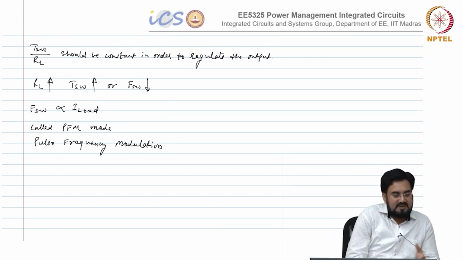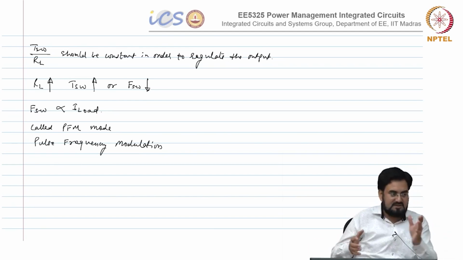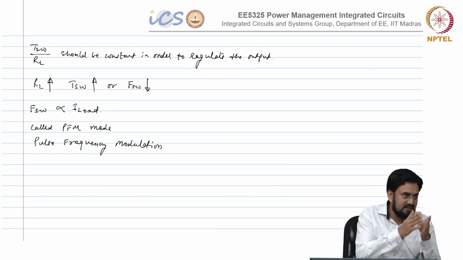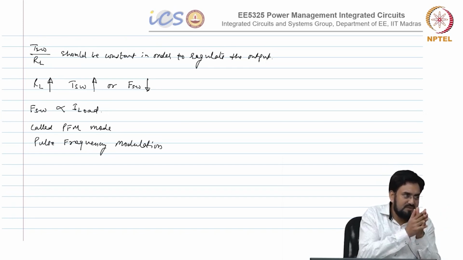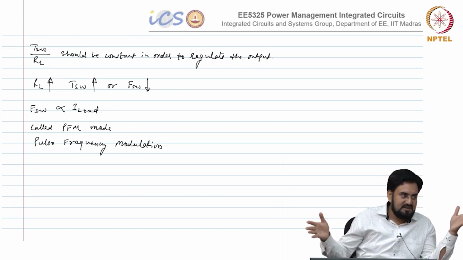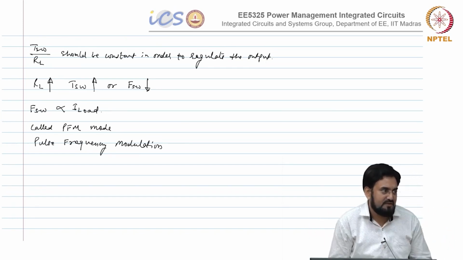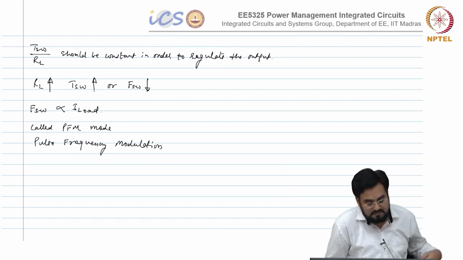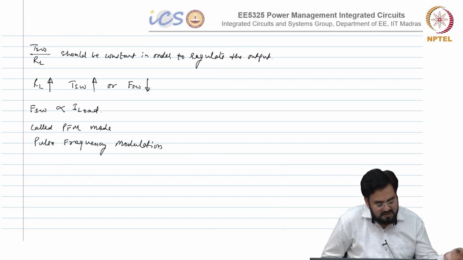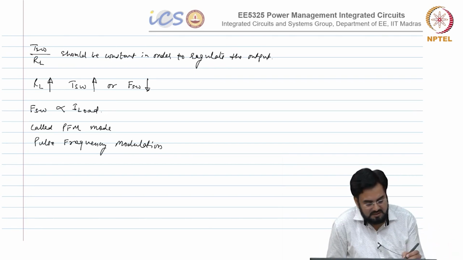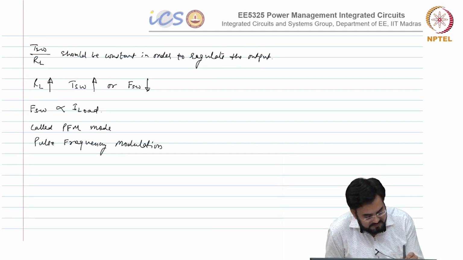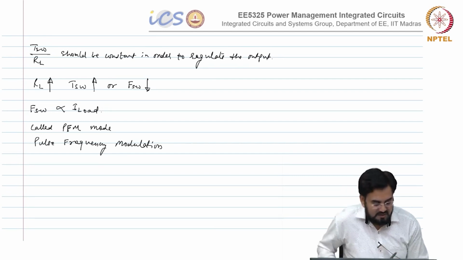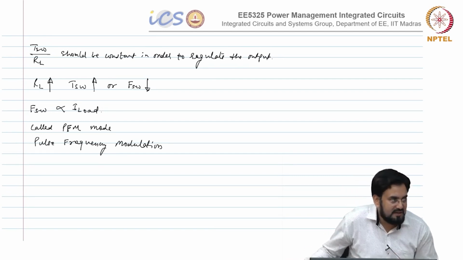Or you skip the pulses effectively when you start skipping the pulses of your PWM. So, effectively on an average you are operating at lower duty cycle, lower switching frequency. So, that is called pulse skip mode. We will talk about that also, PSM. How we implement this will come later.